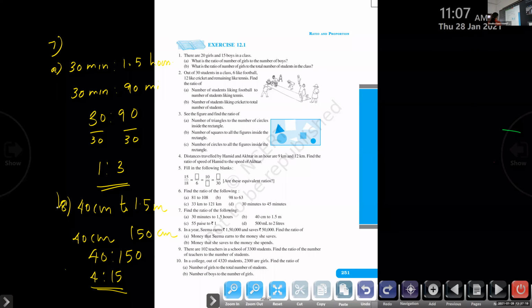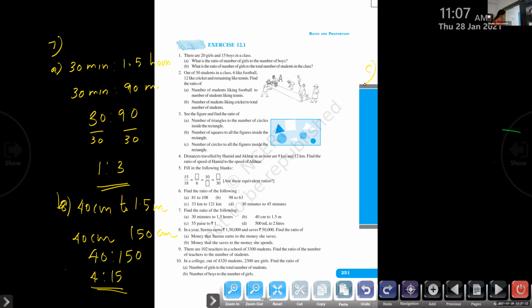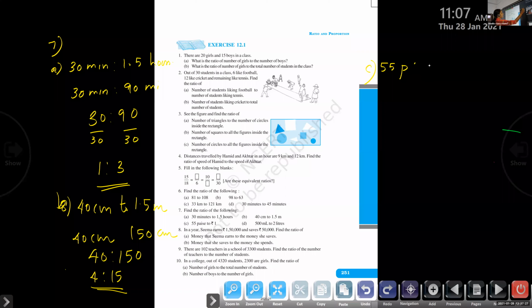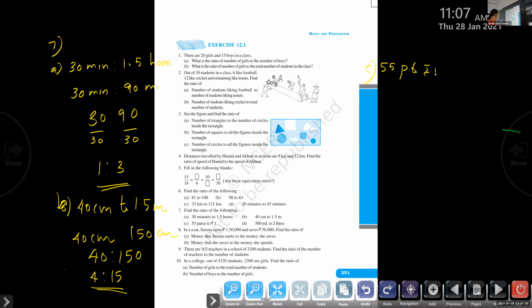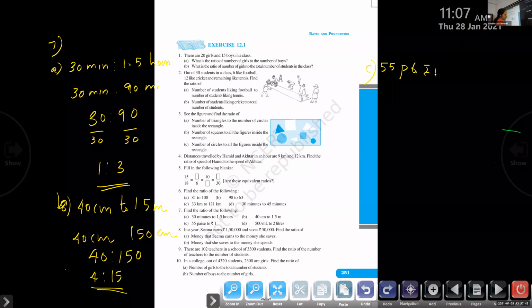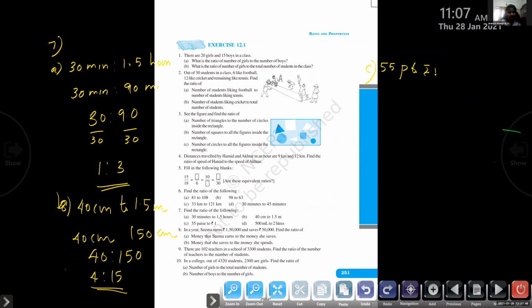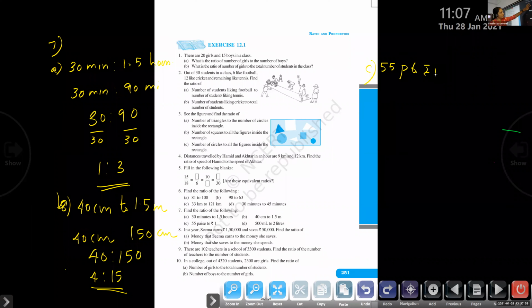This is B. Now, question number C is 55 paise to rupees 1. How will you convert? Hello? Ananya, will you unmute? Will you mute? From where is the sound coming?